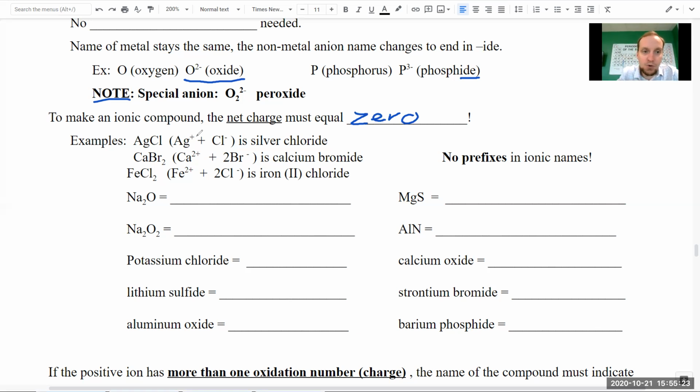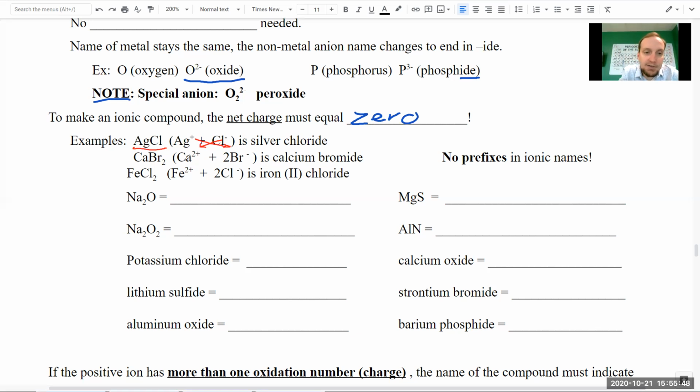So again, if I was going to write its formula, I would take the two charges and I would crisscross them. That -1 and that +1 becomes AgCl. Not Ag1Cl1, just AgCl. Again, it's redundant and unnecessary to say Ag1Cl1. If you put Cl, clearly there's a chlorine, right?